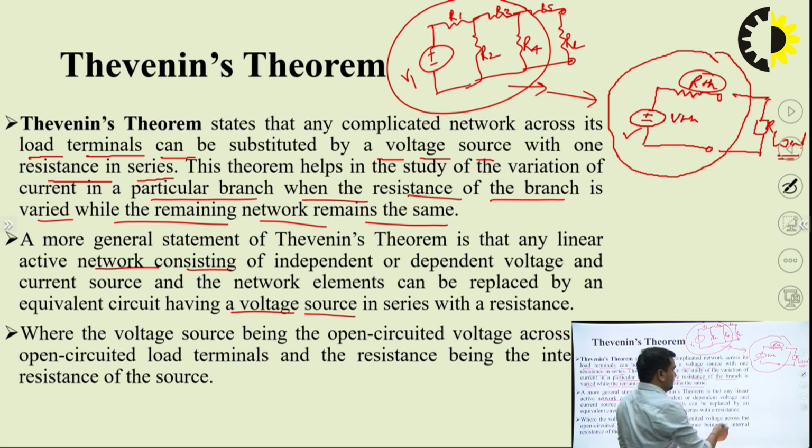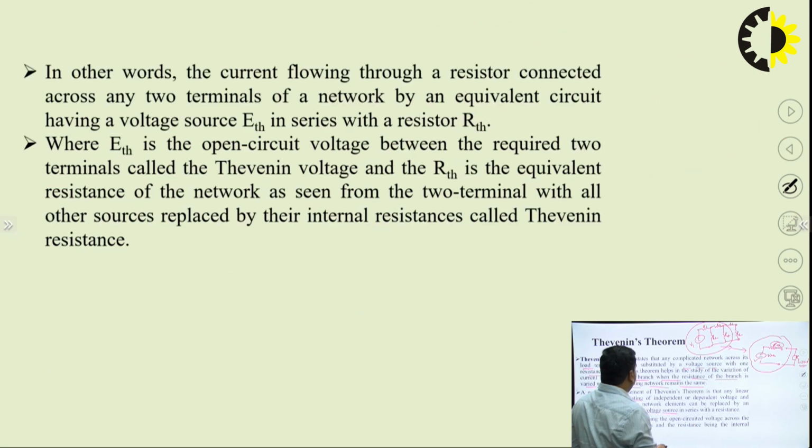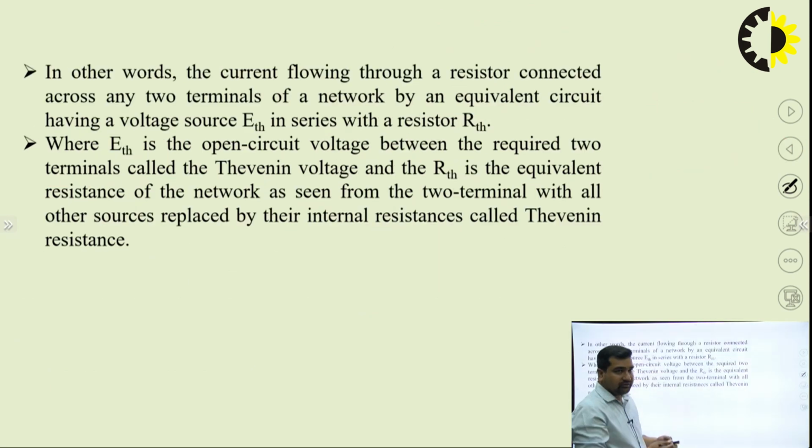The equivalent voltage source is the open circuit voltage across that particular load terminal, in which the current is to be calculated. And the equivalent resistance is calculated across that particular load terminal.